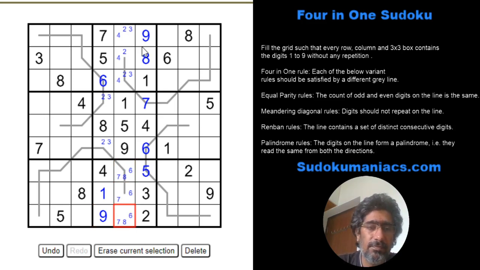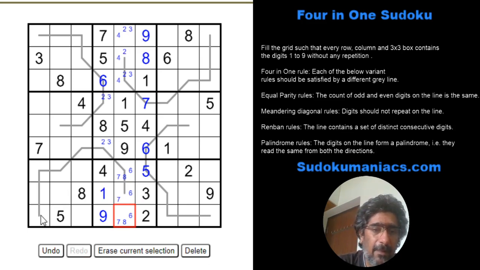Now, the best way to start is to look for the palindrome line, because we know the sequence of the first 4 digits will be repeated and reversed in the other 4 digits across the line. So this is 6, 7. If this was a palindrome, this also has to be a 6 and a 7.